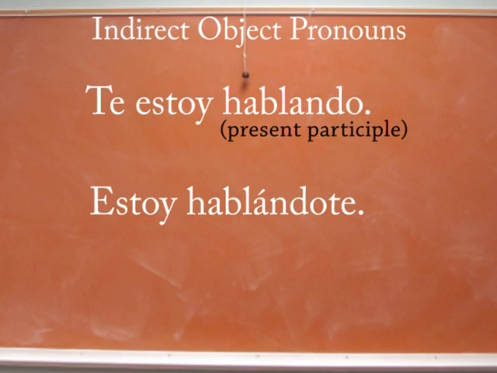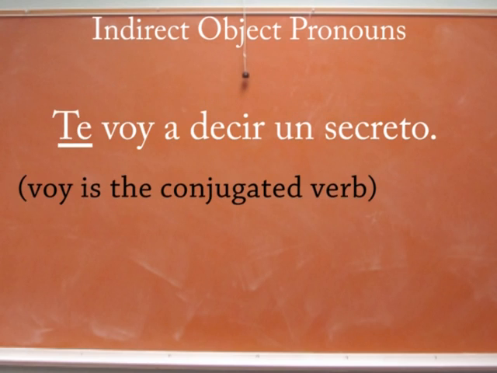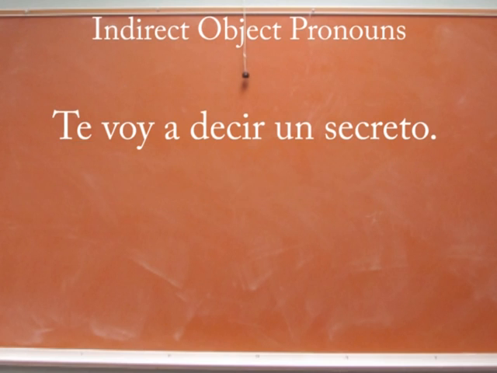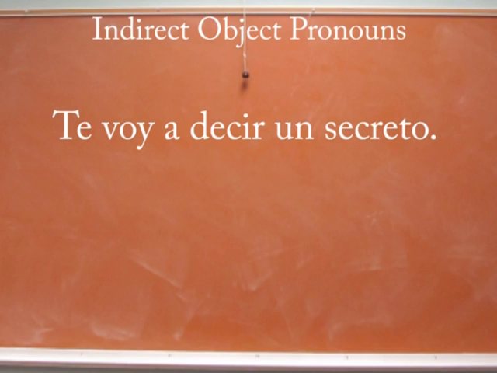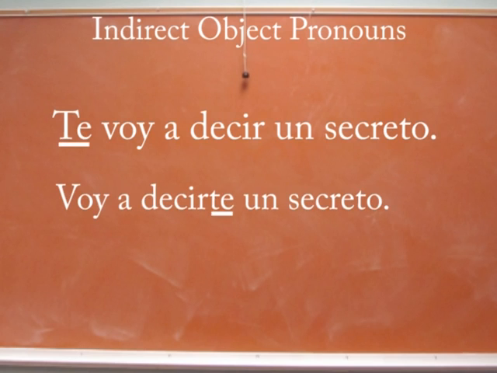An example where the indirect object pronoun is placed in front of the conjugated verb without the present participle or ing form: Te voy a decir un secreto. Then attached to the infinitive: Voy a decirte un secreto.